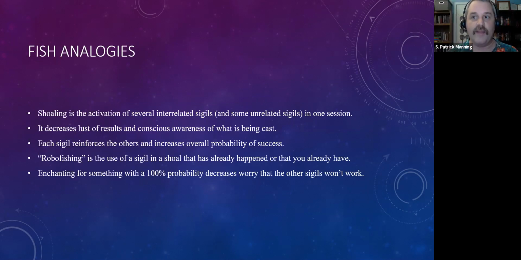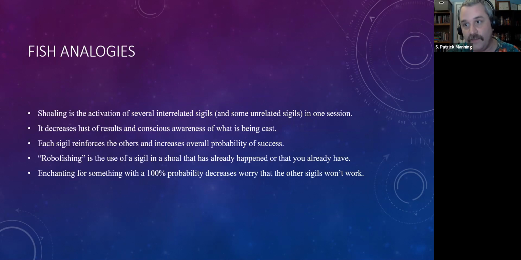It's going to improve the probabilities of all of them happening, because that event, if it's already happened, has a 100% probability. It's already extant. So it decreases your worry that the other ones won't work. They're all connected to that thing already being done.